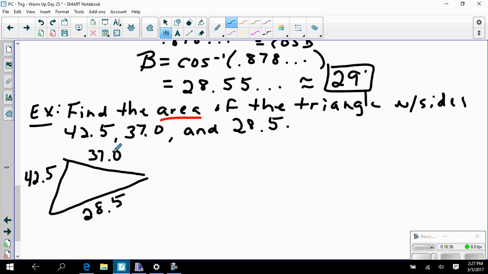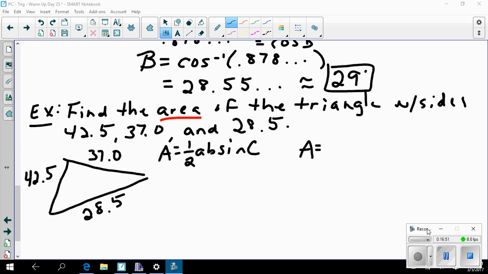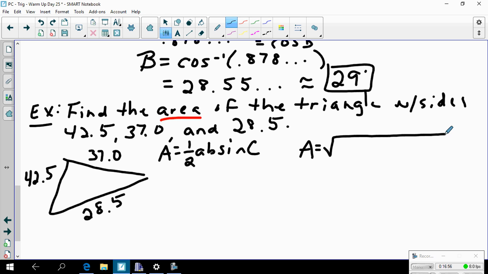Now, if you remember, there were two area formulas. There was area equals 1/2 AB sine C. And there's also Hero or Heron's formula, which is area equals the square root of S times S minus A times S minus B times S minus C. You remember what S is?